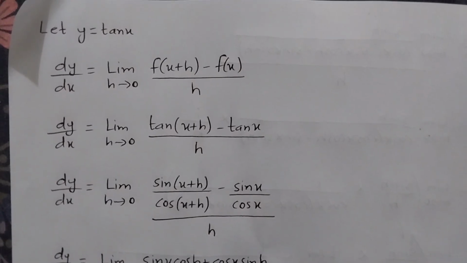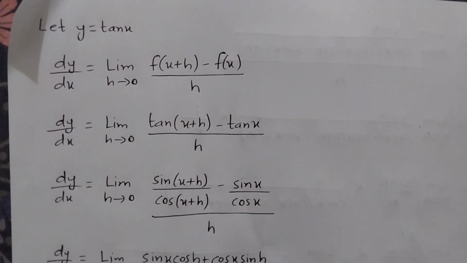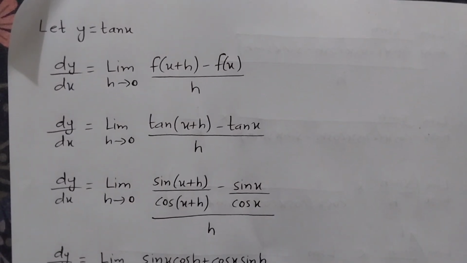Right now, if you put h equal to 0 in this expression, you will get the 0 by 0 form, which doesn't help us. So we need to write it in a form which we can use to find this limit.